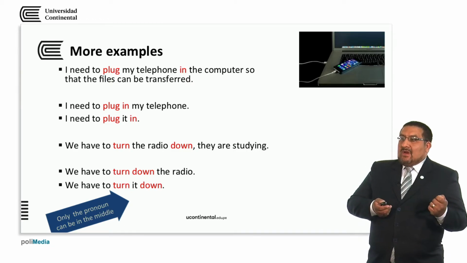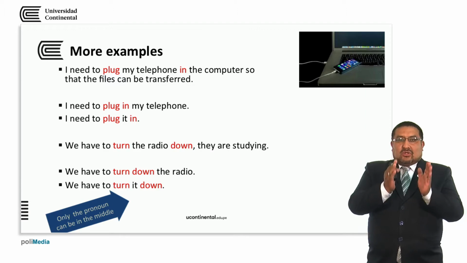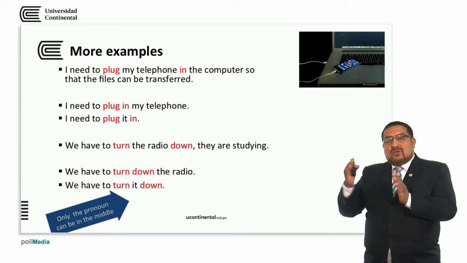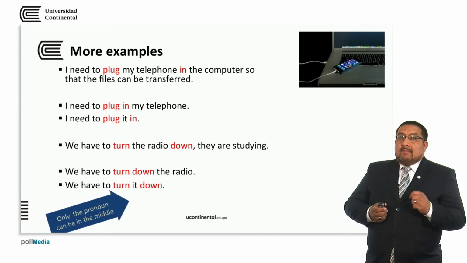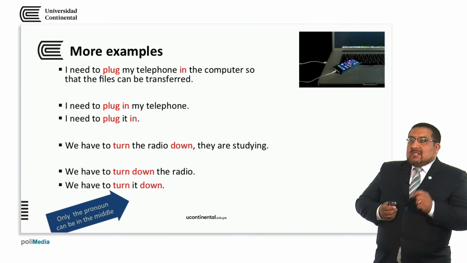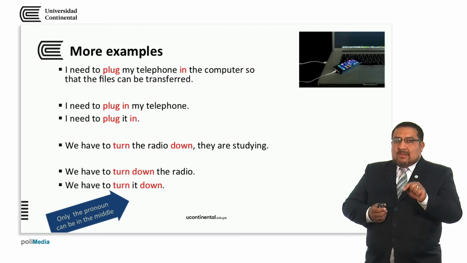If you prefer, you can say, I need to plug in my telephone. So you don't separate the verb, and then you use the object of the sentence after. But if you decide to use a pronoun, that can be only in the middle. I need to plug it in.